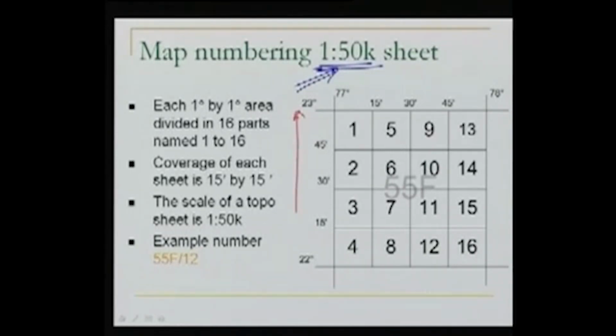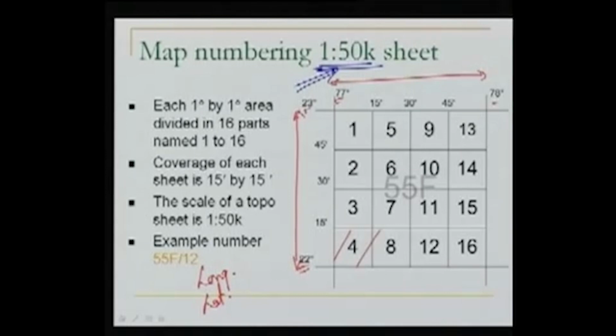Well, now our block, that entire one, we know it. This is 1 degree distance, 22 to 23, as well as this is also 1 degree distance, 77 to 78. And in between, we have now 16 sub-blocks. Again, depending upon where my area of interest is, if I know the longitude and latitude of my place, I can find, well, my area of interest is between 22 to 22 15.